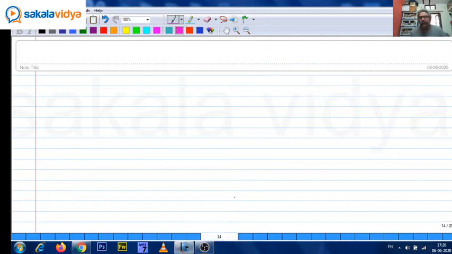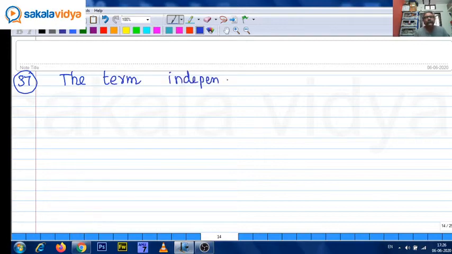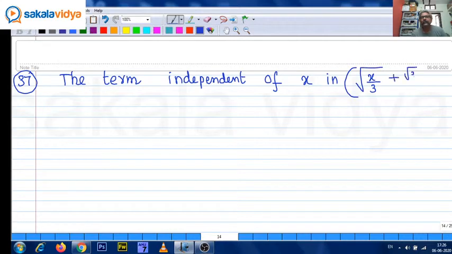Question number 37. The term independent of x in (root of x by 3 plus root 3 upon 2x square) whole to the power of 10 is.